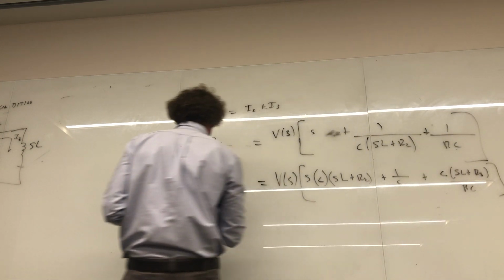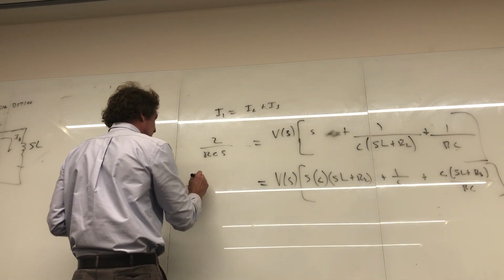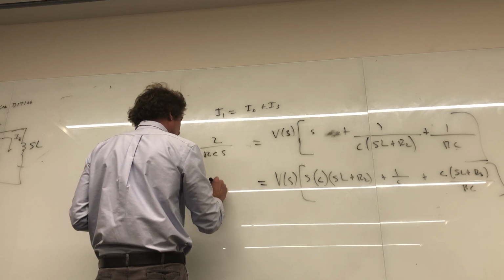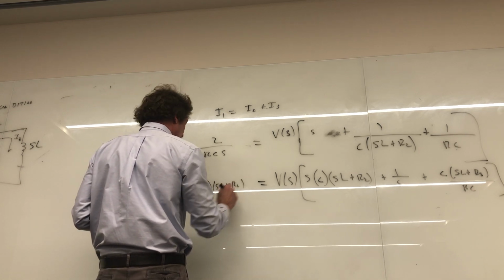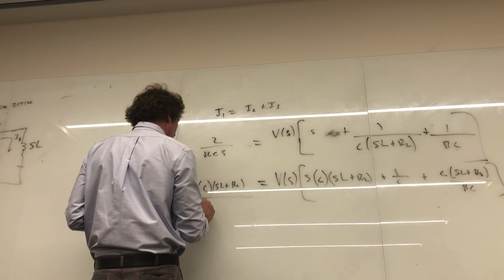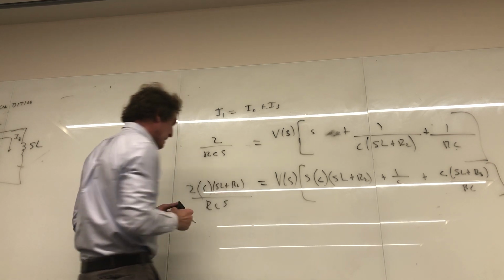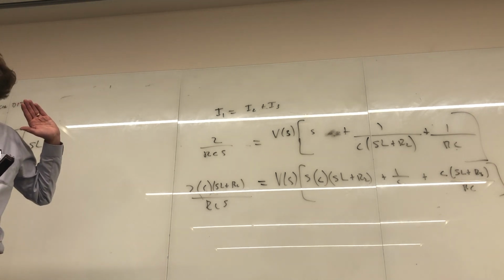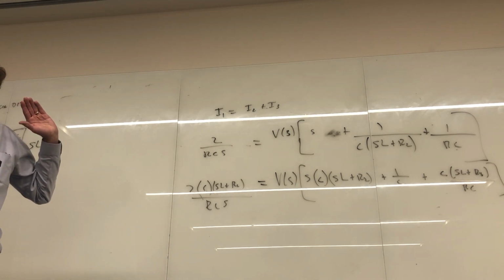Over here, I'm going to have 2 times the quantity C times SL plus R2, divided by RCS. All right, the only thing I've done is multiplication by that. Now I try to simplify it.